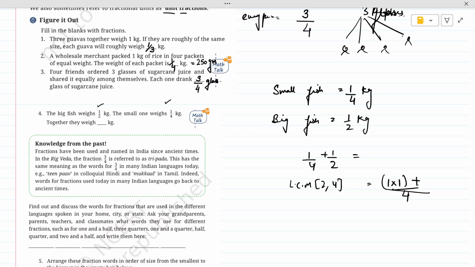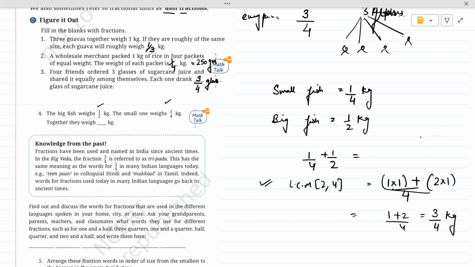So 1 plus, 2 divided by 4 gives us 2, multiplied by 1, so 2 into 1. This is 1 plus 2 by 4, which is equal to 3 by 4. So this is 3 by 4 kg. This LCM method we have already done in our grade 5.